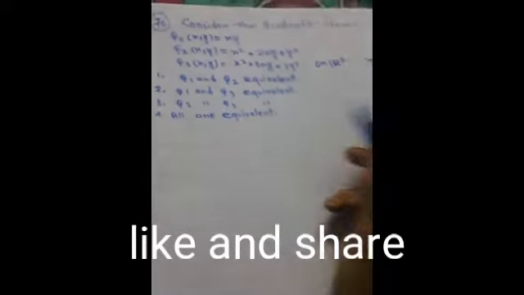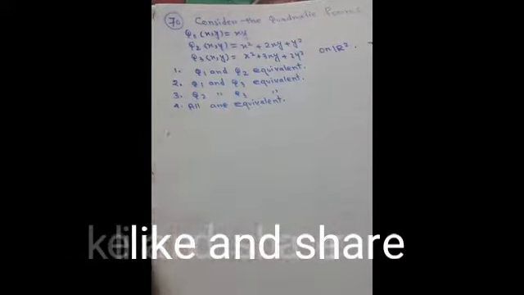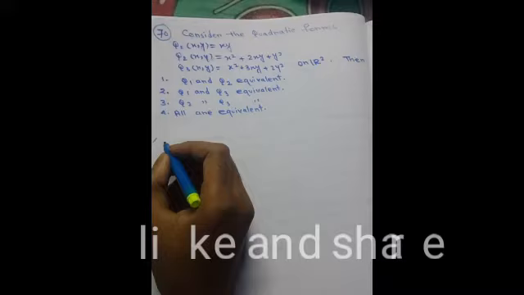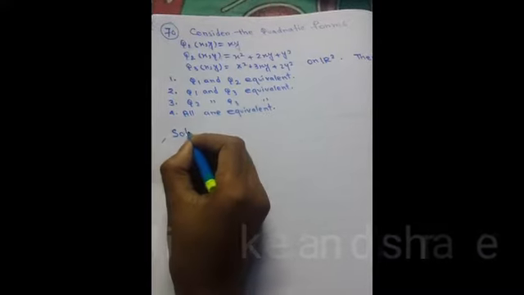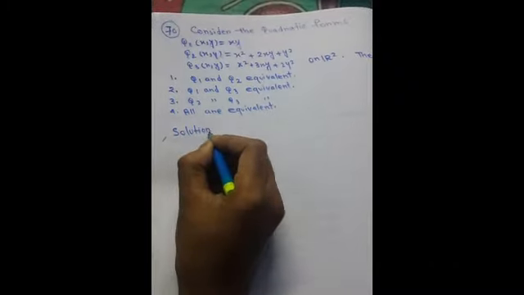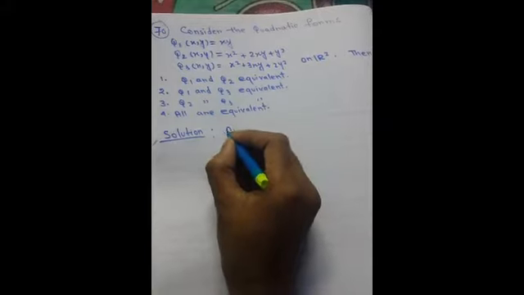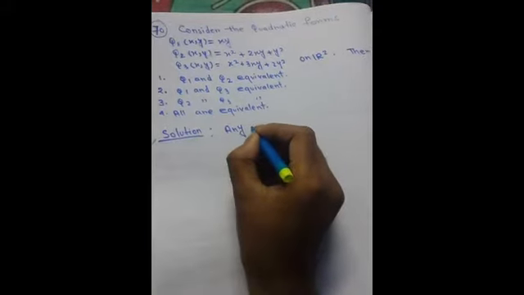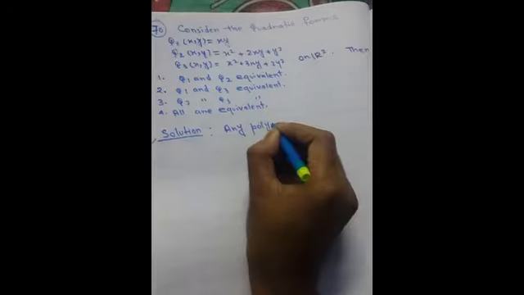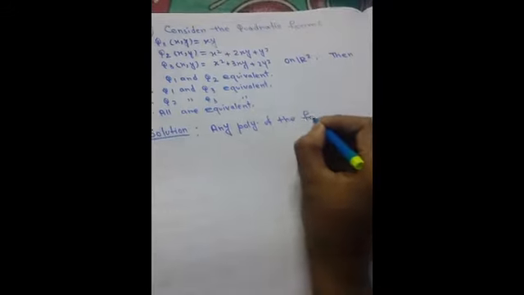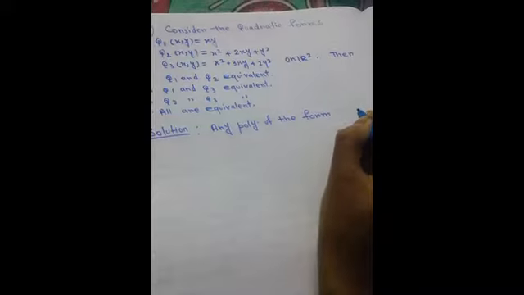Question number 70. Now the solution. What is a quadratic form?